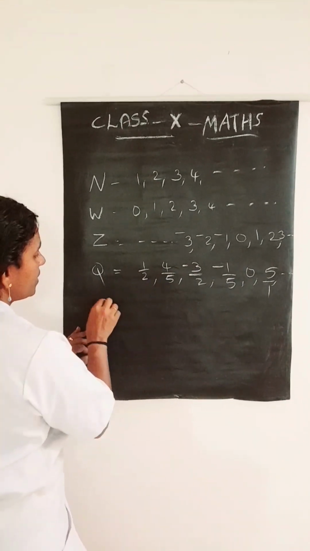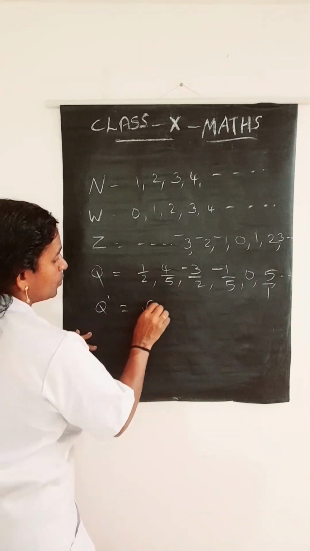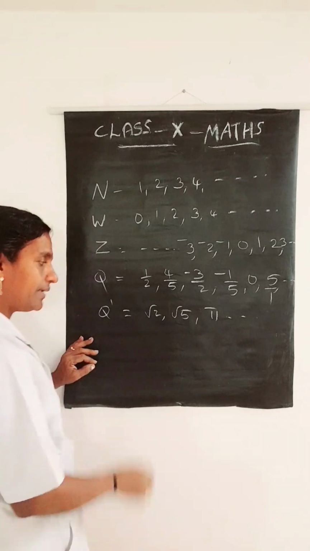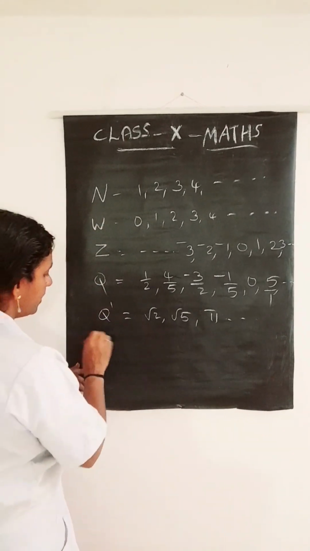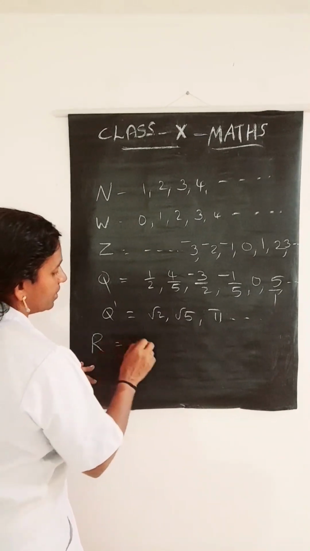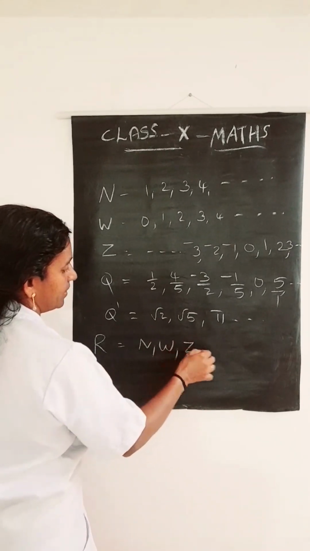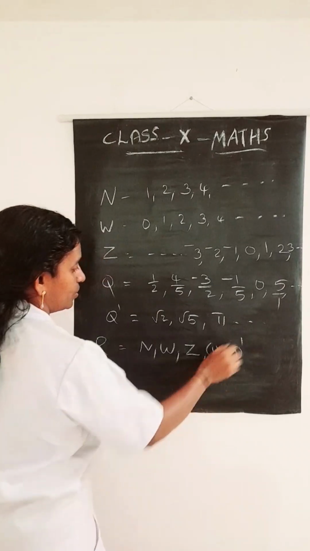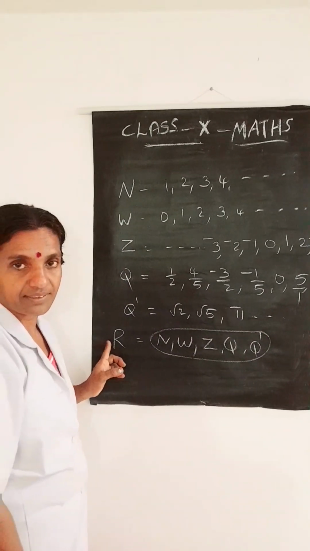Next, Q dash or Q bar, which is irrational numbers: √2, √5, pi, etc. These are irrational numbers. Now all these number systems are included in the biggest number system, that is real numbers, which includes N, W, Z, Q and Q dash. So all these number systems are included in the real numbers. Okay.